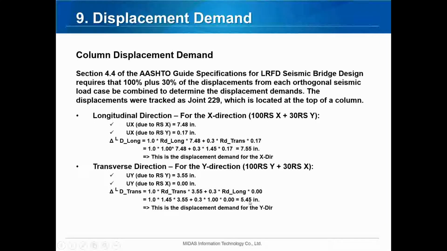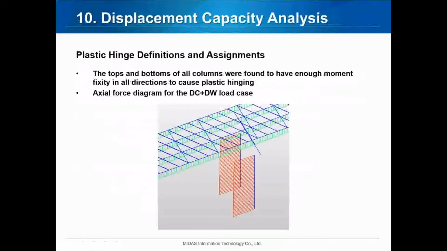And you can see over here, moving on now to the capacity analysis, plastic hinge definitions. At the tops and the bottom of the columns, we found we had enough moment fixity for plastic hinges to occur. And this was based on our actual force diagram, as you can see over here, based on just the dead load, DC and DW.